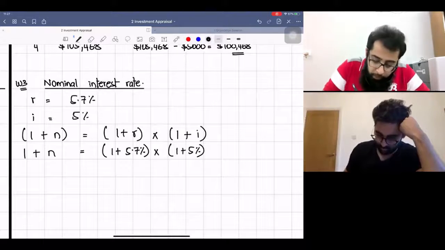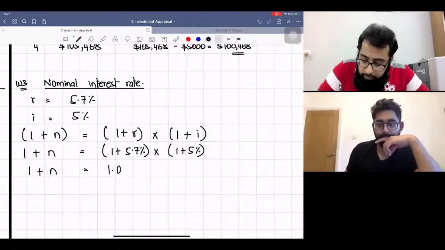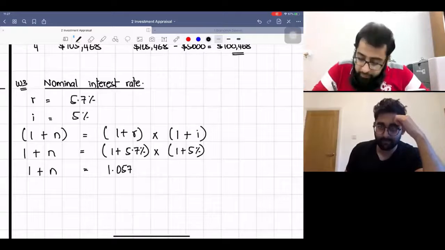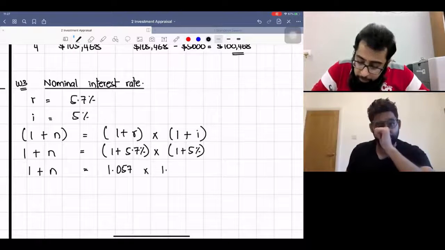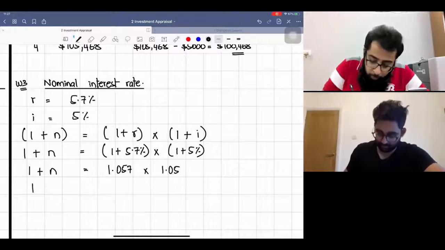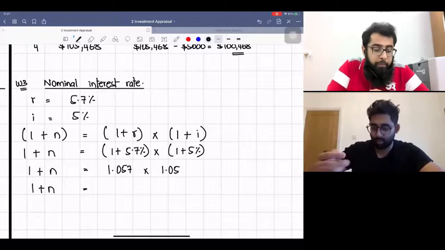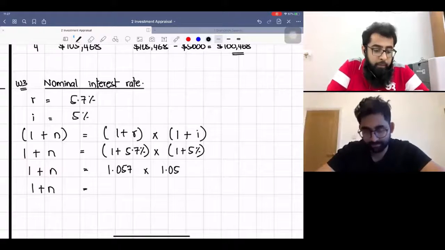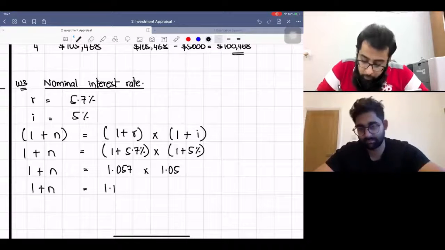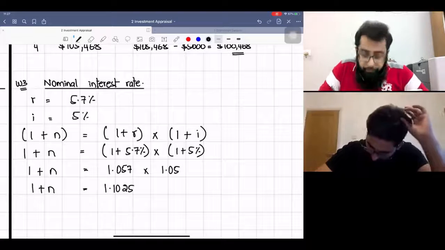Now see, 1 plus n is equal to 1.057, because 5.7% means 0.057, multiplied by 1.05. So 1 plus n is equal to 1.1025.